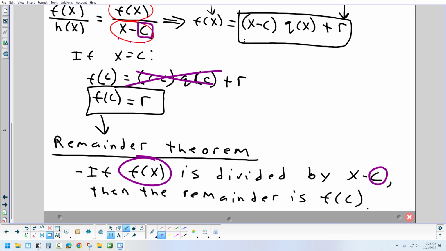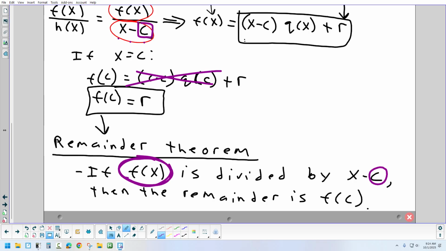Just the number after the minus sign. Fill that number in to the formula that's in the top of your fraction, and you can quickly find your remainder. So f of x is what's in the top. So you're going to take the number after the minus sign and fill it into the top.